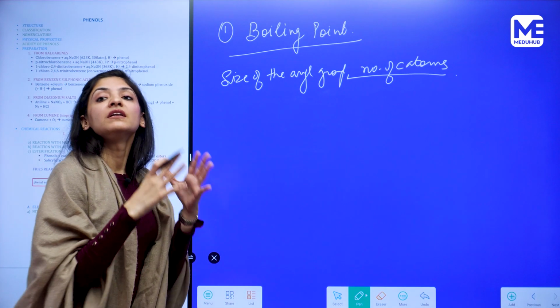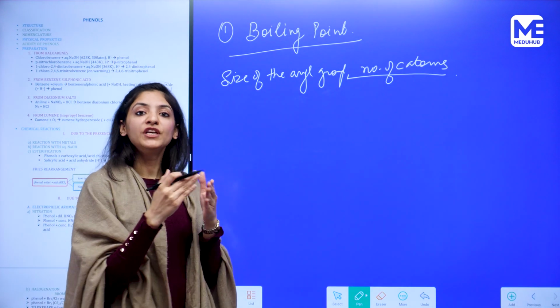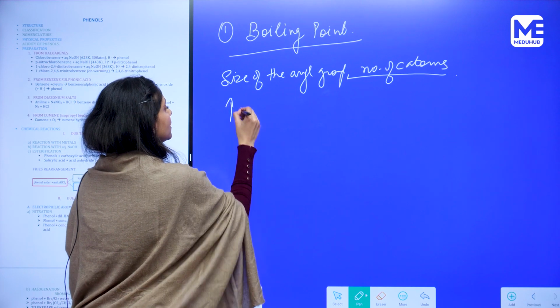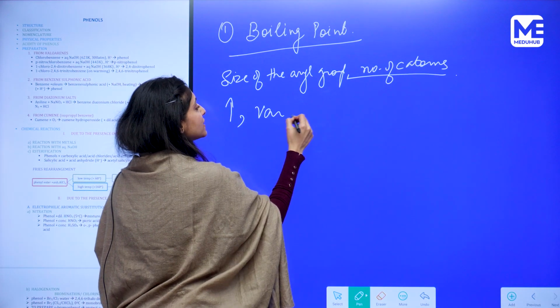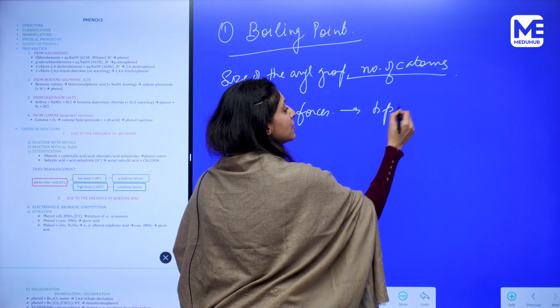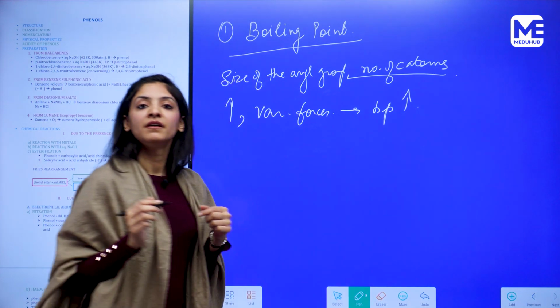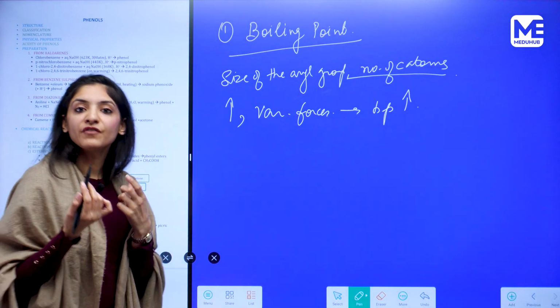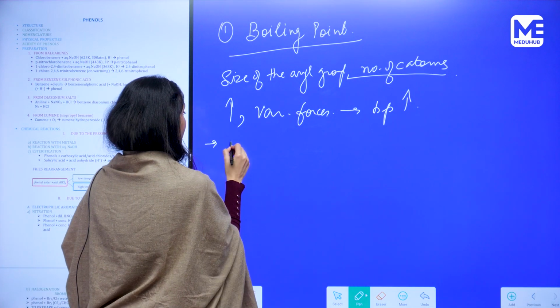So if the number of carbon atoms in the molecule increases, the magnitude of van der Waals forces increases, and hence the boiling point increases, right?